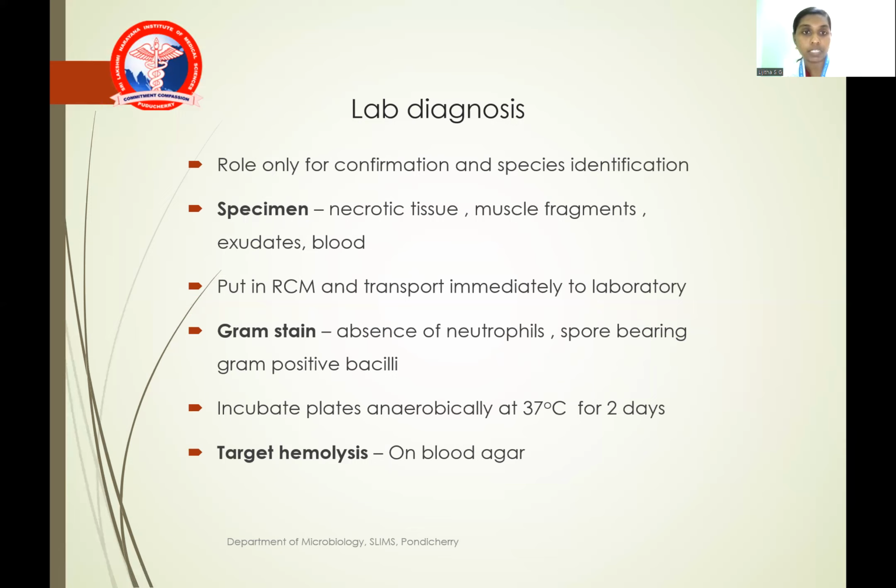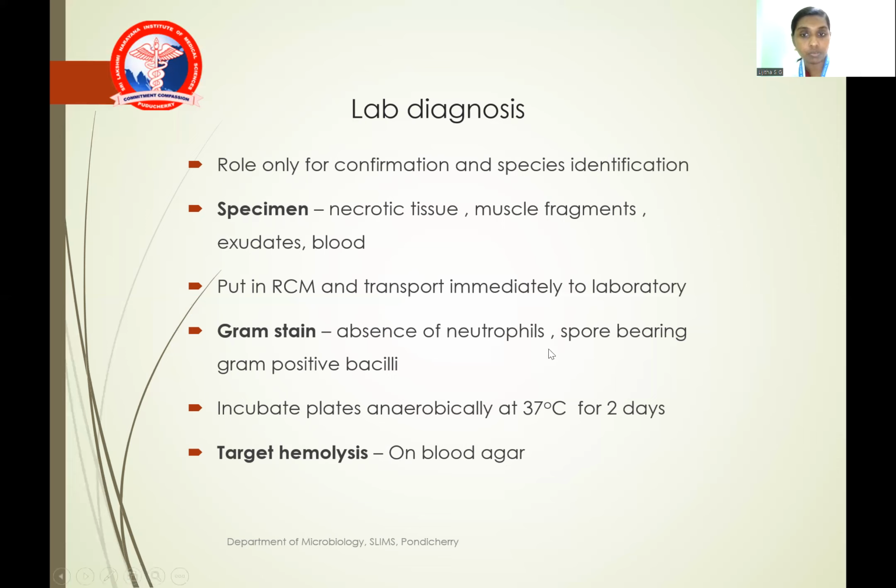The specimen should be put in Robertson cooked meat medium and transported immediately to the laboratory. In the laboratory, the first thing we do is always a Gram stain, and you will see gram-positive bacilli and the absence of neutrophils, which is a typical finding.